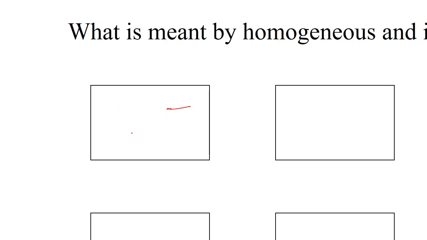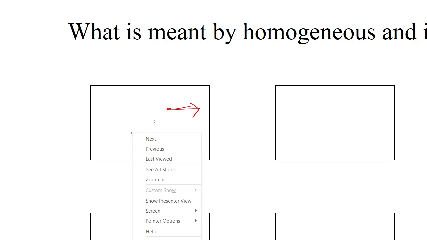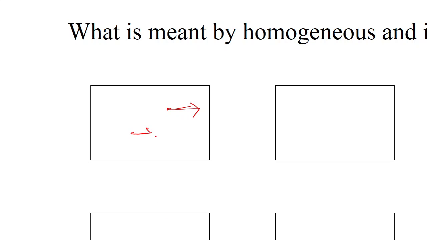I am taking a point here, and if I see the Young's modulus or the shear modulus or any kind of property, the same property exists at a different point. For example, here the Young's modulus value is E, which means at a different point also the Young's modulus value will be the same E.